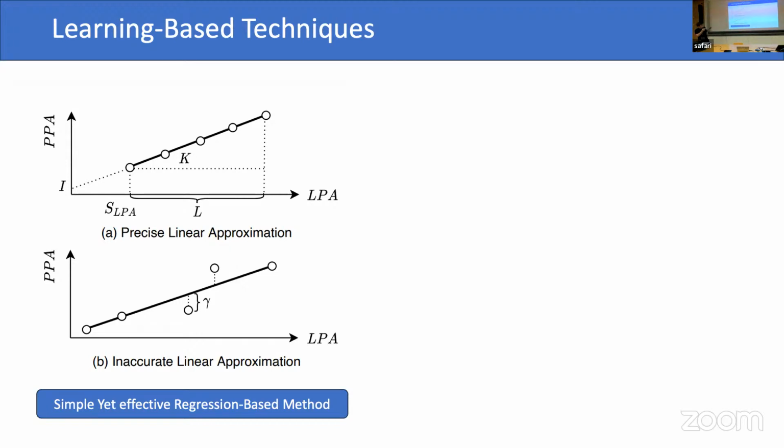And we can compact the segment. And we have the inaccurate linear approximation, which basically has an error bound. Having a segment, we have a gamma which we can choose that basically allows points outside the segment to be included in our segment.